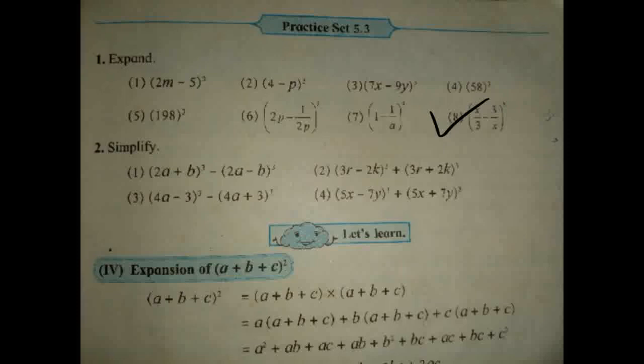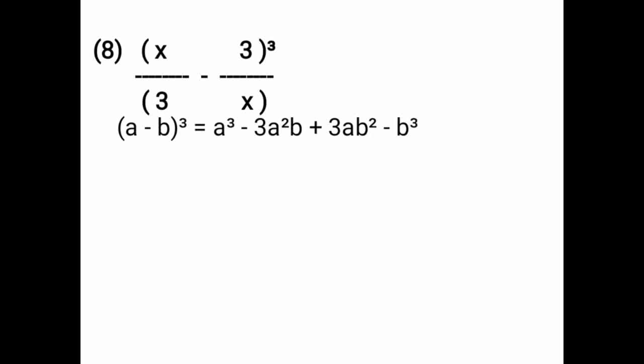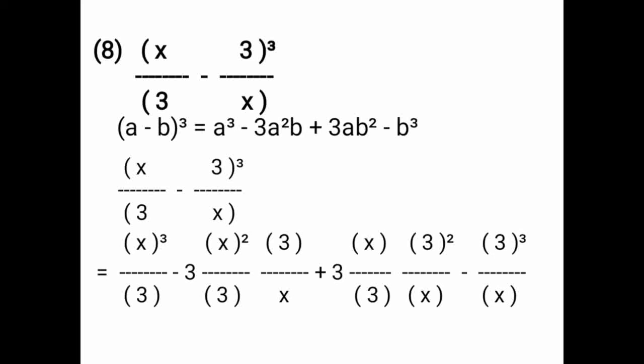Next, x upon 3 minus 3 upon x the whole cube. A minus b the whole cube is equal to a cube minus 3a square b plus 3ab square minus b cube. x upon 3 minus 3 upon x the whole cube is equal to x upon 3 the whole cube minus 3 into x upon 3 the whole square into 3 upon x plus 3 into x upon 3 into 3 upon x the whole square minus 3 upon x the whole cube.